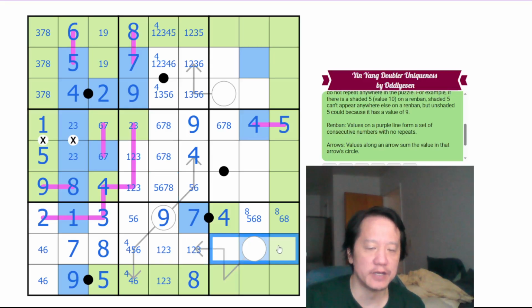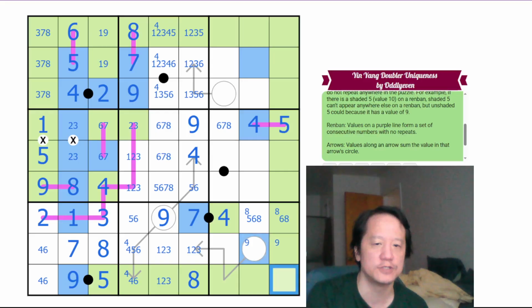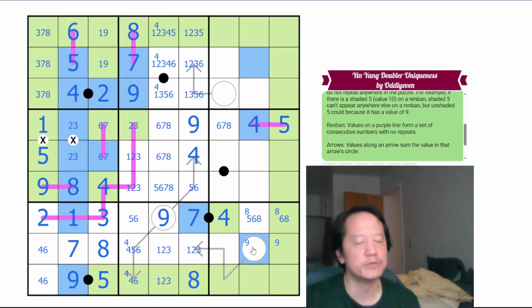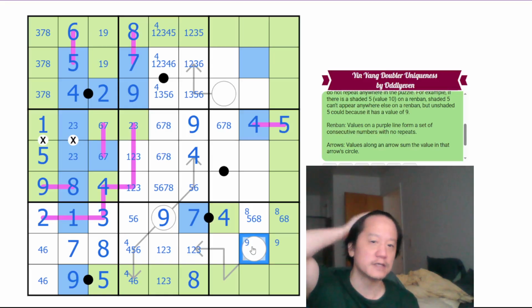One of these has to be a 9. 9 cannot be on the arrow because 9 would be at minimum 17. So 9 is one of these two digits here. It's very likely this one, but we don't know for certain that that's the case.